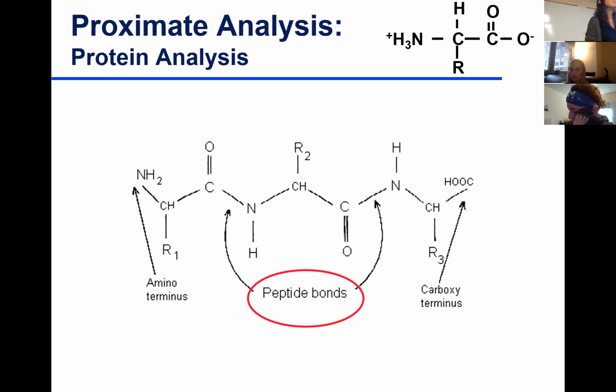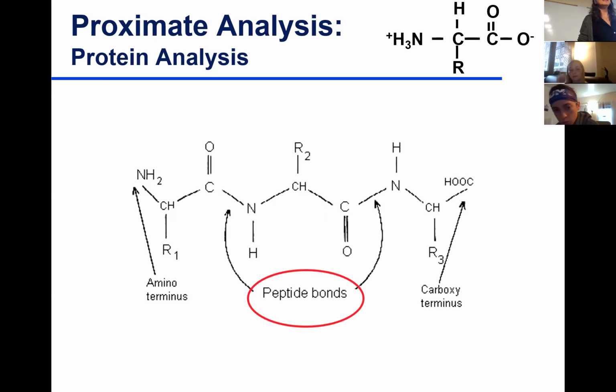So if you are measuring a protein solution, and you know it's protein, not a peptide, so it's not broken down, not hydrolyzed, you know that you will be able to measure it at 280 for sure, because all proteins have some amount of aromatic amino acids in them, tyrosine, tryptophan, phenylalanine. Proteins have them at different concentrations, but in general, all proteins have some combination of these amino acids. So all proteins theoretically absorb at 280.